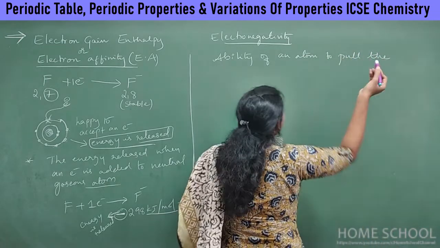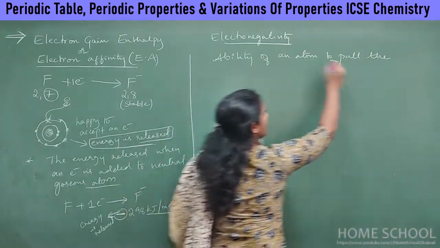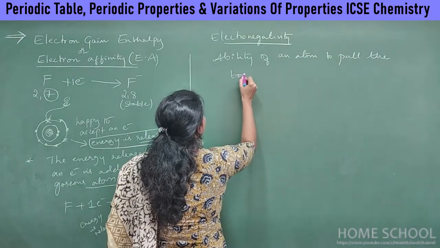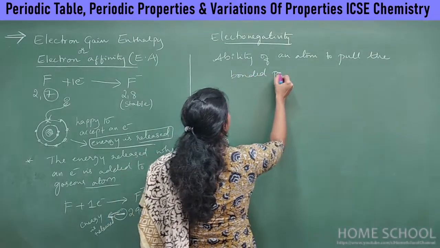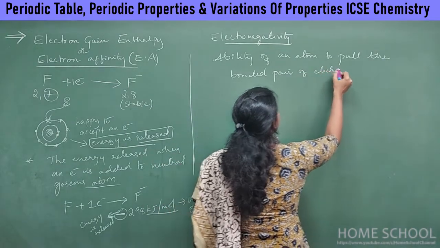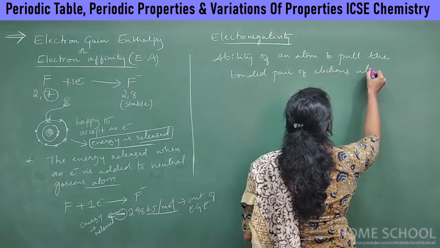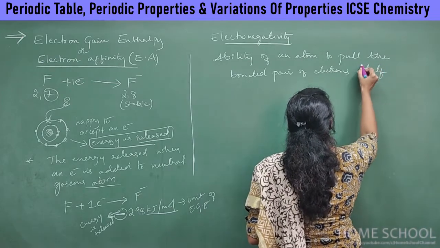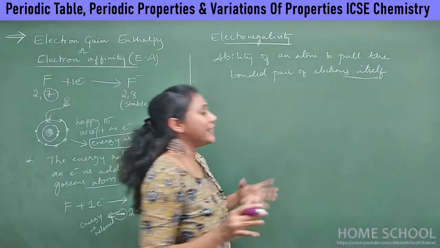Which electron pair? Bonded pair of electrons. To pull the bonded pair of electrons towards itself is called electronegativity.